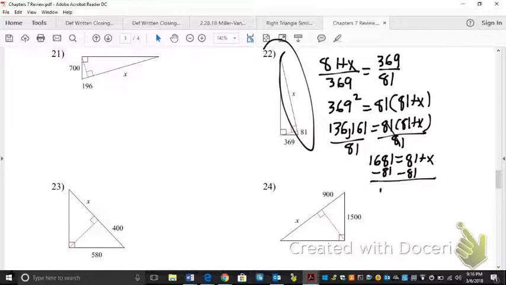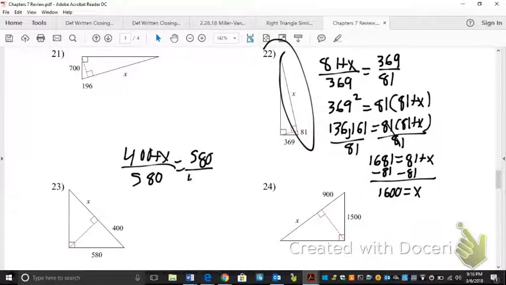Here we have, oops, I went back a little bit too far. So 23. Our hypotenuse, our AC, is 400 plus x over 580 equals 580 over 400. So this is going to give us 336,400 equals 400 times 400 plus x.